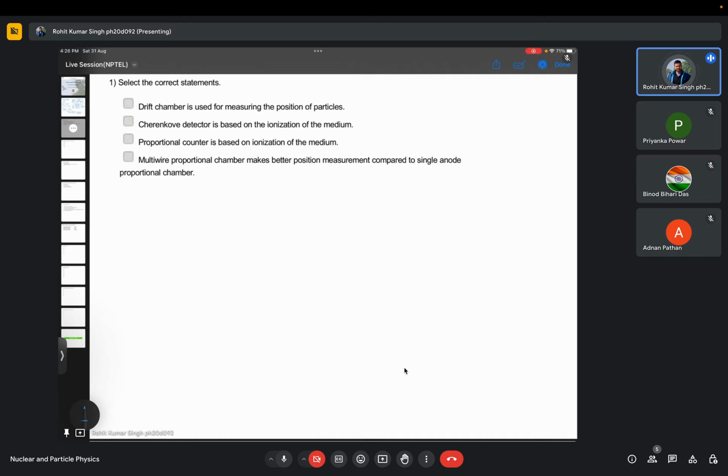The second option is Cherenkov detector is based on the ionization of the medium. Then we have proportional counter is based on ionization of the medium. And then multi-wire proportional chamber makes better position measurement compared to single anode proportional chamber. So these are the options.